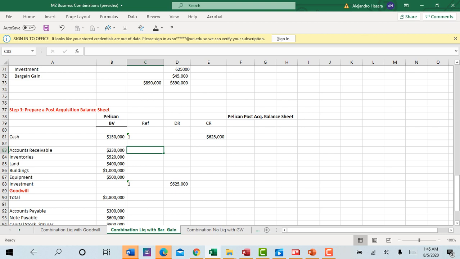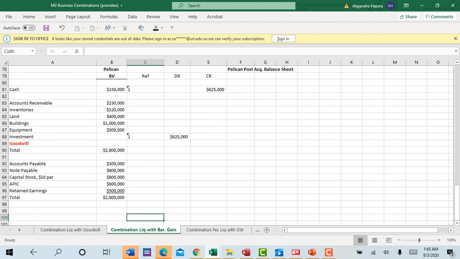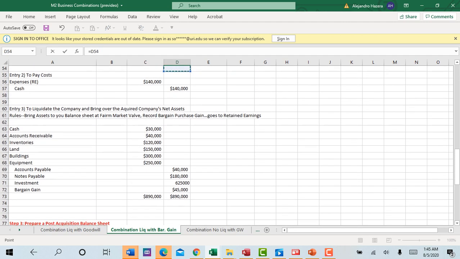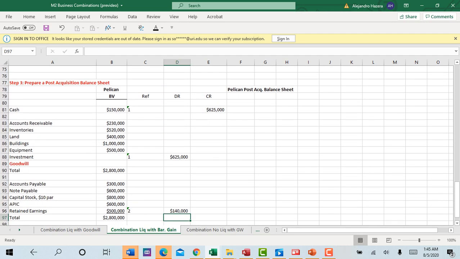Then, let's go to entry 2 and get that out of the way. Now, entry 2, I'm going to do the same thing as I did last time. It's an expense. I'm just going to close it to retained earnings. Okay, so this is entry 2, and there's a debit to retained earnings. You close all expenses to retained earnings eventually anyway. Okay, and then we're paying cash for that.